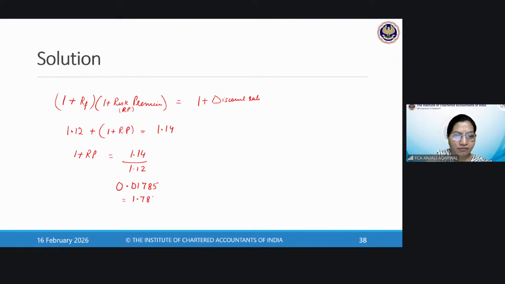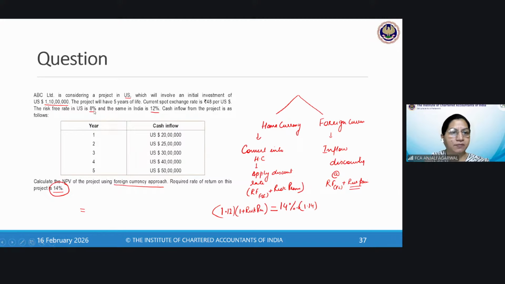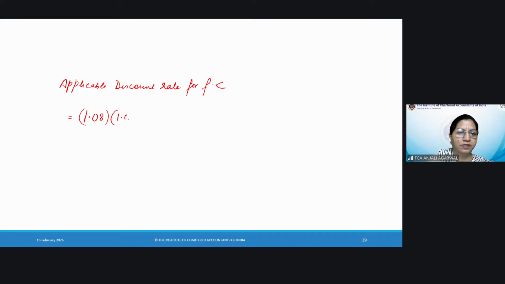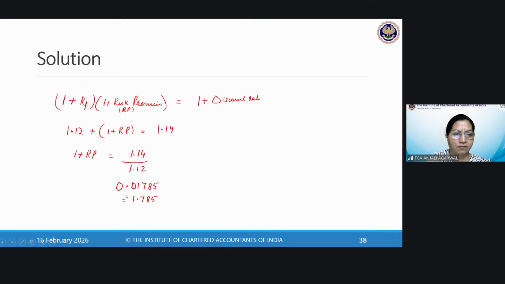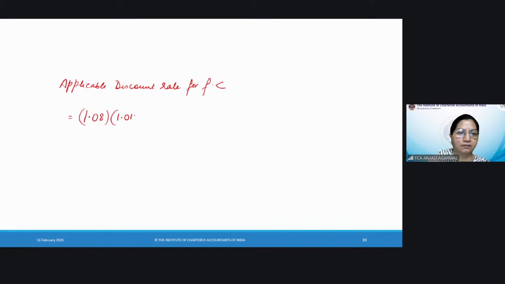Now if I add the risk-free rate of 8% in US, the applicable discount rate for foreign currency is 1.08 times 1.01785. So this is equal to 1.099278.